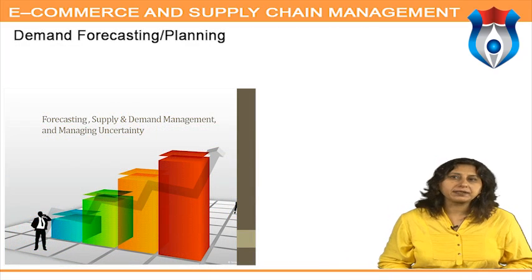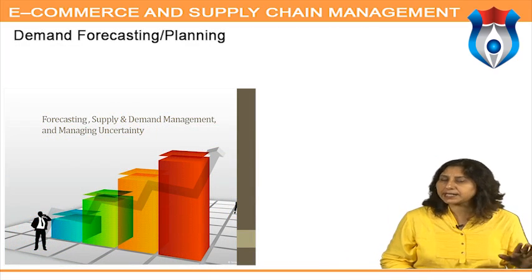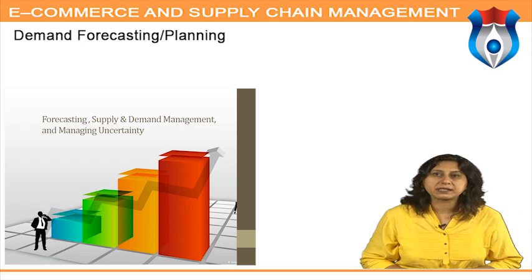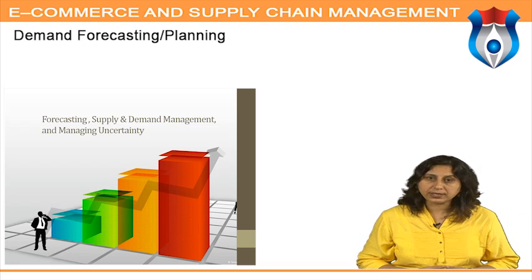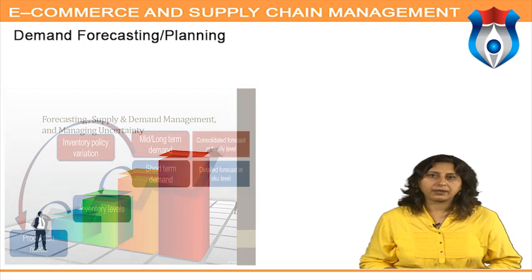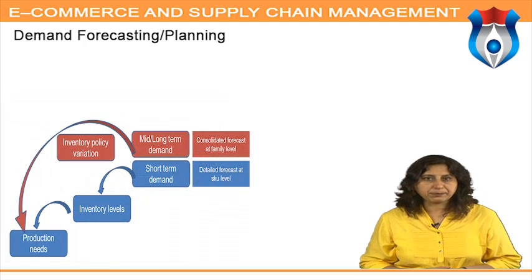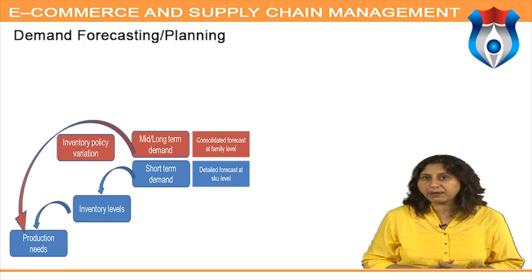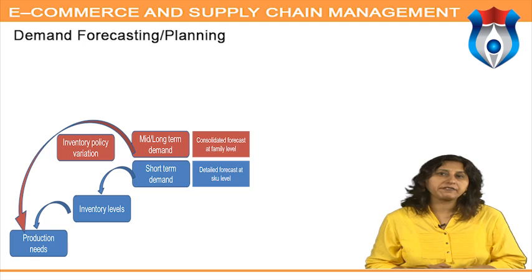Demand forecasting planning. There are many types of demand forecasts. Marketing forecasts customer demand based on promotions, pricing, competition, and so on. Manufacturing forecasts production requirements based on marketing's sales demand forecasts and current inventory levels.